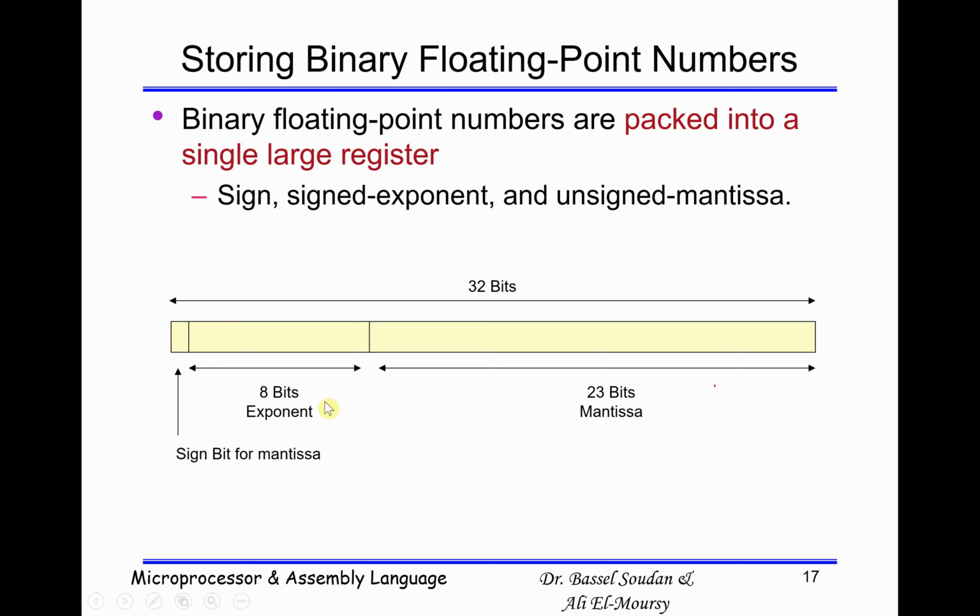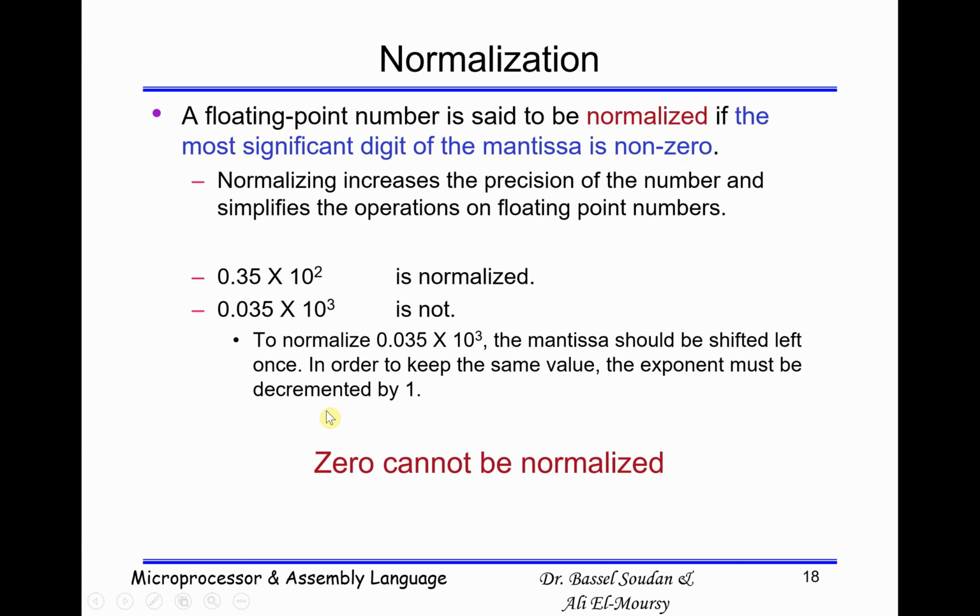If my number is an integer, or has at least one part of it integer, my exponent should be positive. So that's why the exponent should be a signed number, and the sign two's complement representation is used for the exponent.